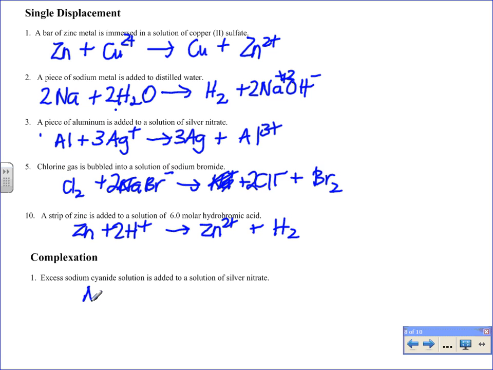This complexation reaction, I've got a solution of silver nitrate and excess sodium cyanide. So I'm going to produce a complex, with 2, because that's double the charge, and the charge on the entire complex is going to be negative.